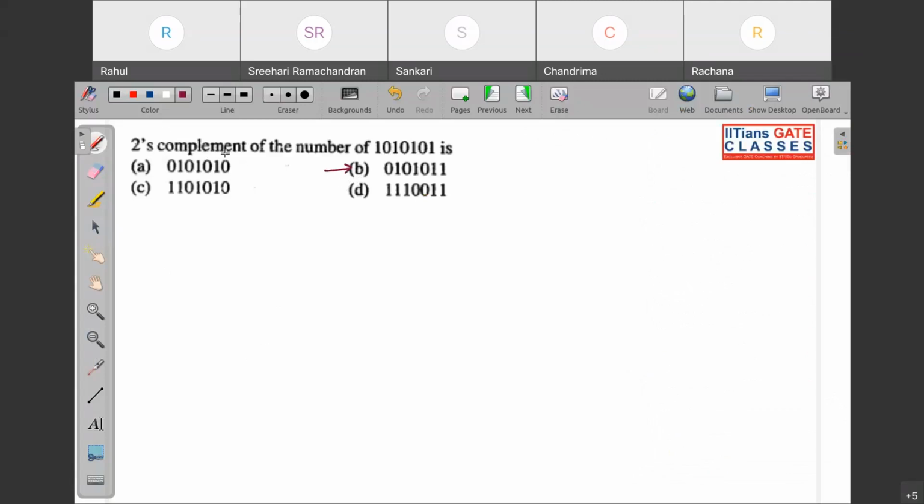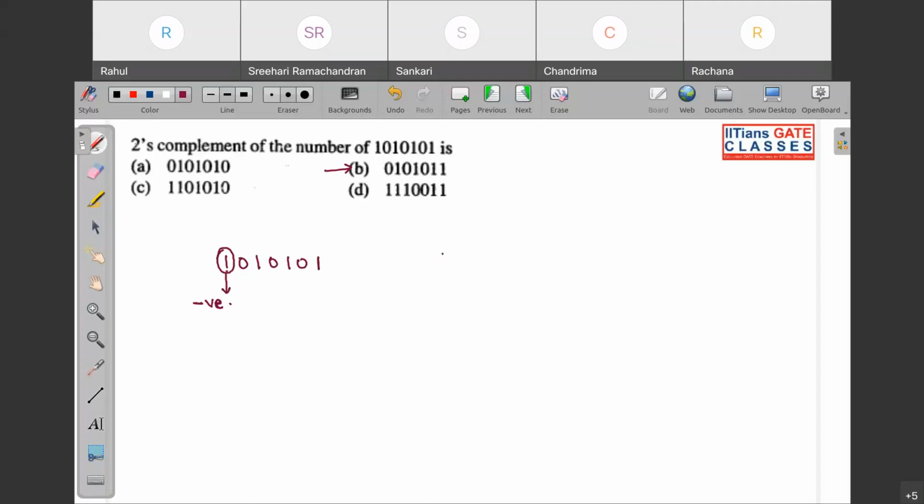The 2's complement of a number given is 1010101. So this is a 2's complement number, and in a 2's complement number the leftmost bit is your sign bit. So this is 1, and 1 corresponds to negative. If we want to get the original number, I need to take the complement of the given 2's complement number.